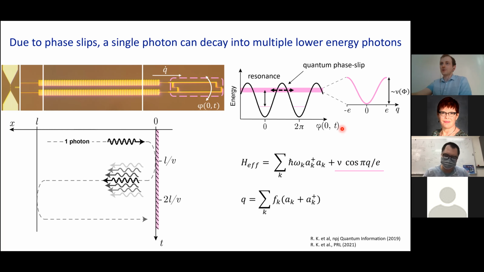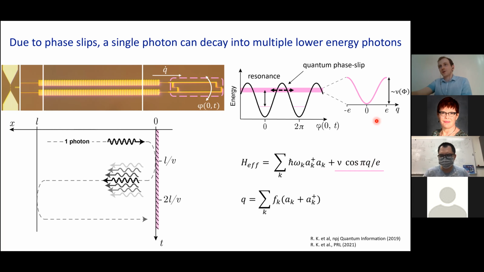And also I wanted to mention that if some of you recall, this cosine q appears also in what is called the boundary Sine-Gordon problem, and it describes backscattering inside the Luttinger liquid.